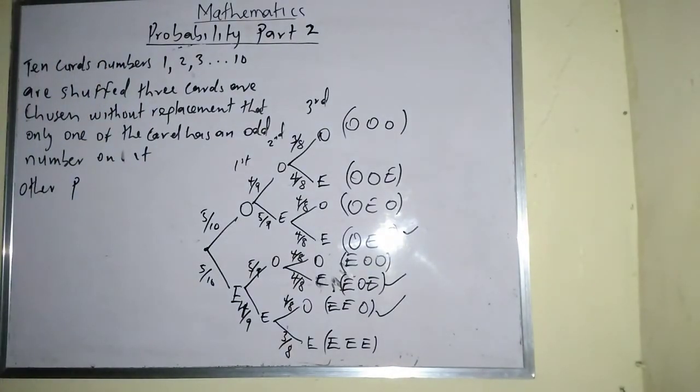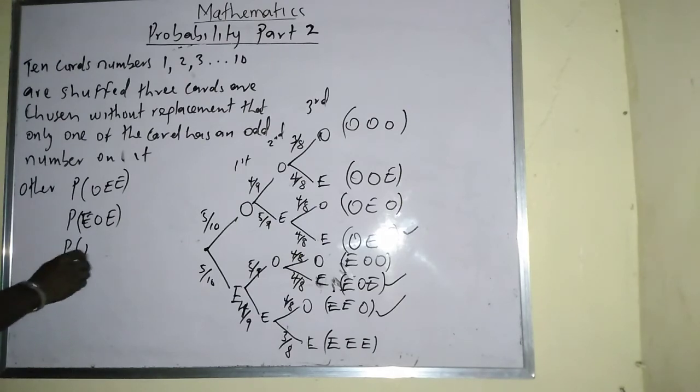It means probability of what? Of first one, OEE. Second one, probability of EOE, probability of EEO.